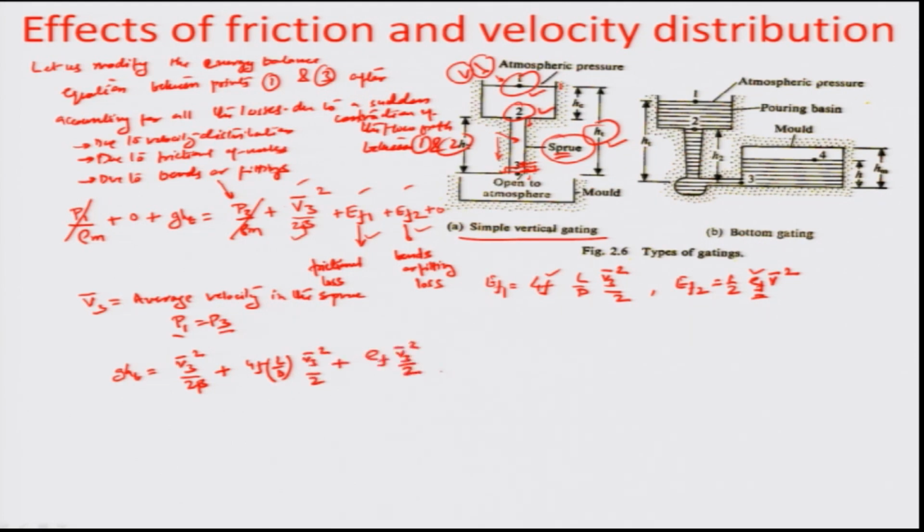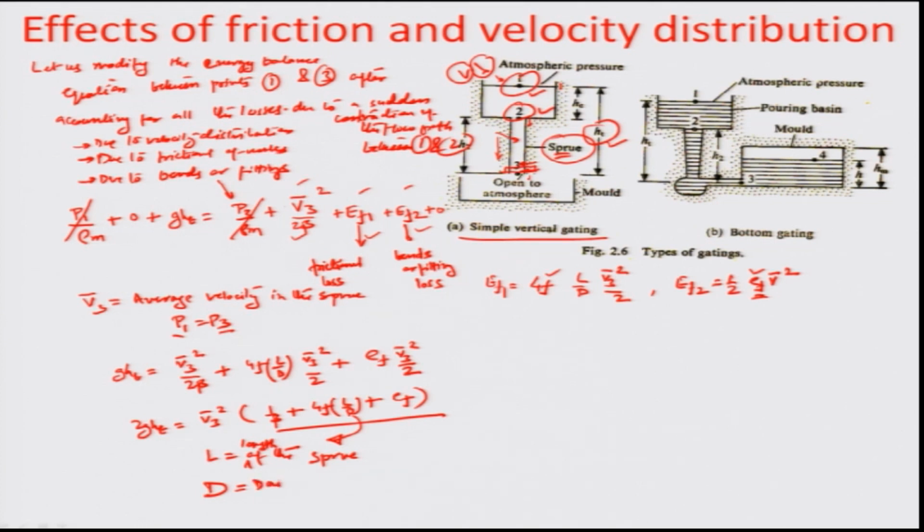In other words, if I just simplify this out, it becomes twice g ht equals V3 square times 1 plus beta plus 4 f L by d plus EF, and I think we have earlier clearly illustrated that this length L is the length of the smaller diameter of the sprue and similarly the d is the diameter of the sprue.